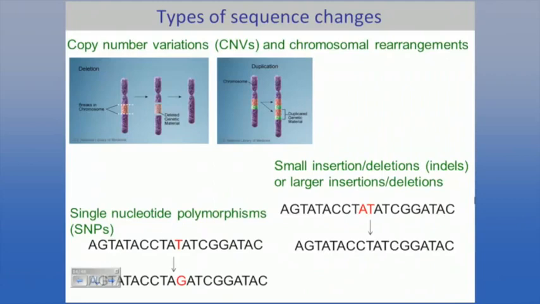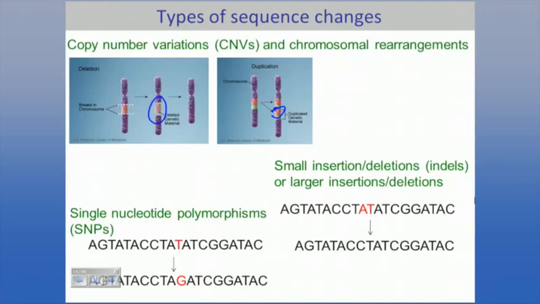So you can get deletions. In this case, it's a fairly large deletion of a part of a chromosome. You can get duplications, inversions, and translocations. Even though there are fairly small numbers of these in any given person's genome, because they're relatively large, they cover a fairly large amount of genomic sequence.